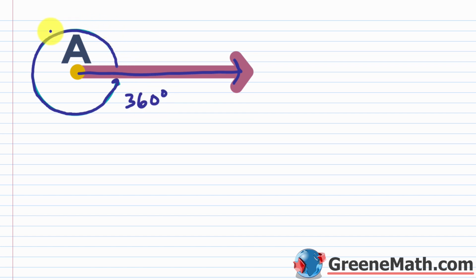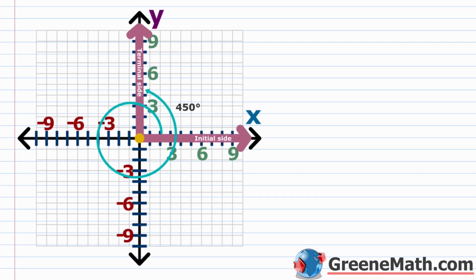Basically, if we keep going, we can generate angle measures that are greater than 360 degrees. As an example, you can see that we have a 450-degree angle. We generate this by making one complete rotation, where the terminal side would be on top of the initial side, and then we keep going another 90 degrees.